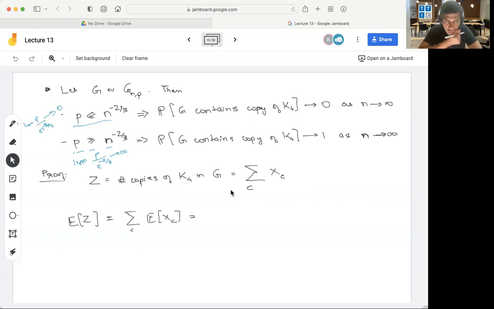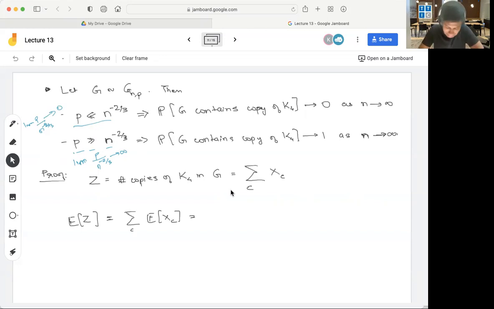So, what you can show is that the probability that G contains a copy of K4 goes to 0 for larger and larger graphs when P is significantly below n to the minus 2/3. And it's essentially 1 when P is significantly above n to the minus 2/3. Let's at least see a quick reason for why to expect this.